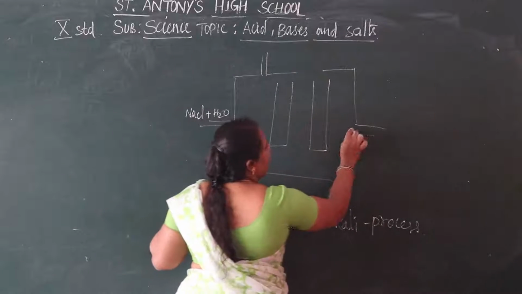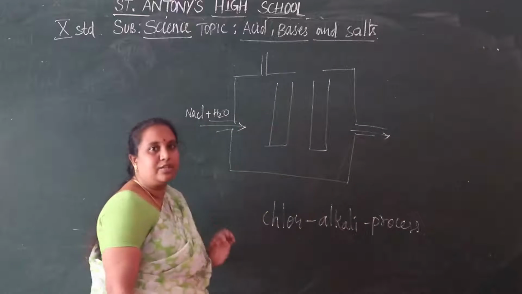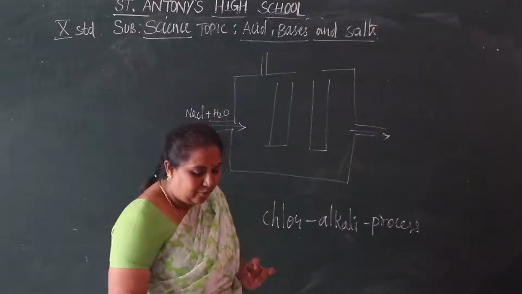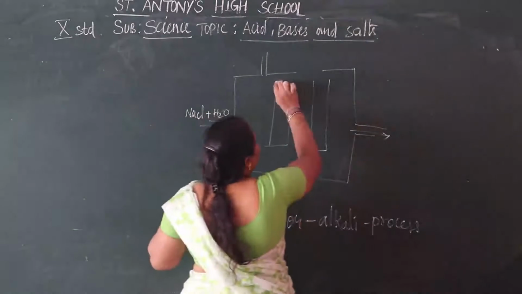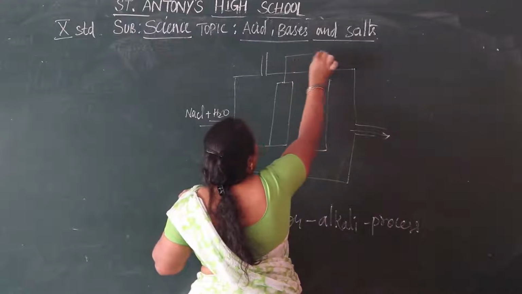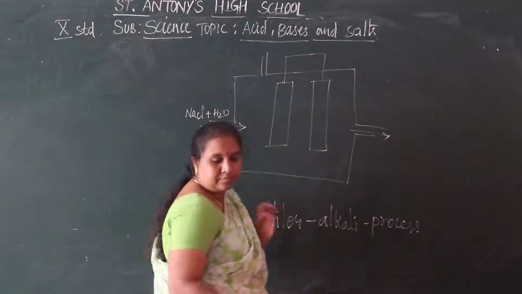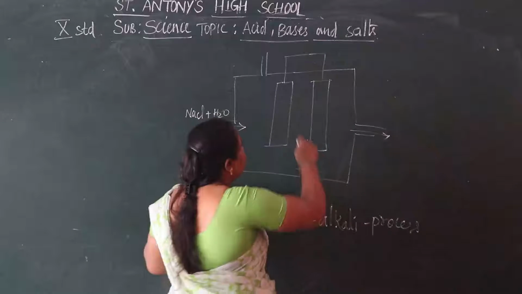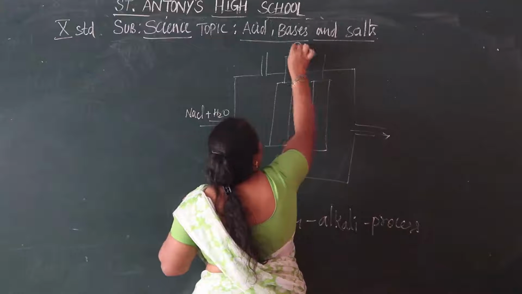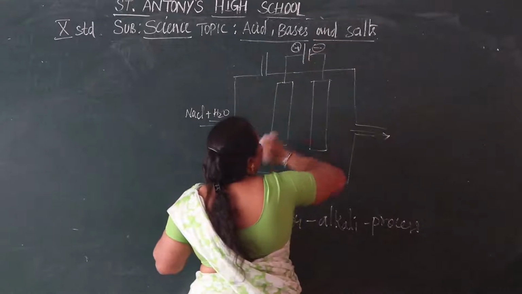Inside this brine solution, NaCl plus H2O, we keep the anode and cathode, and here we get NaOH, a strong base solution. Anode and cathode are joined like this. This is the anode and this is the cathode.